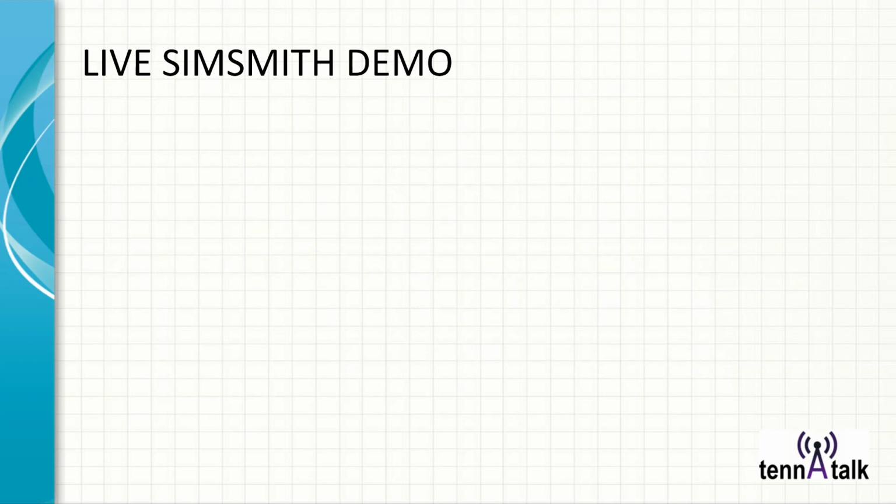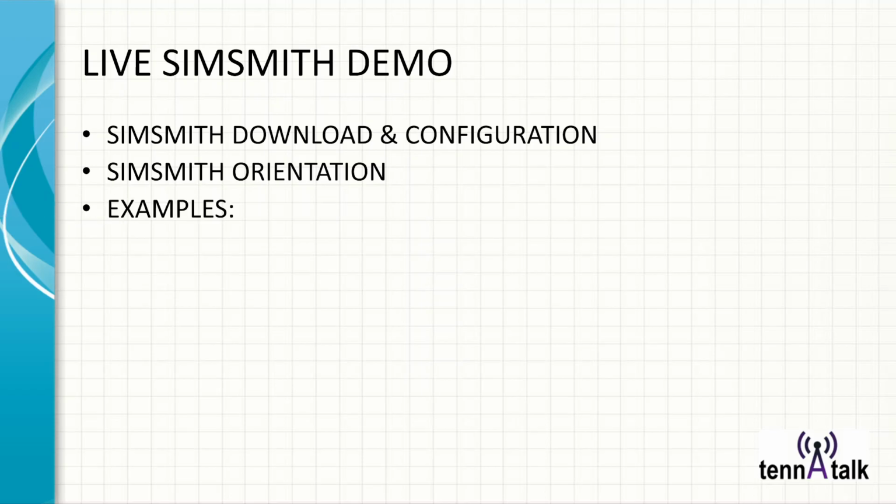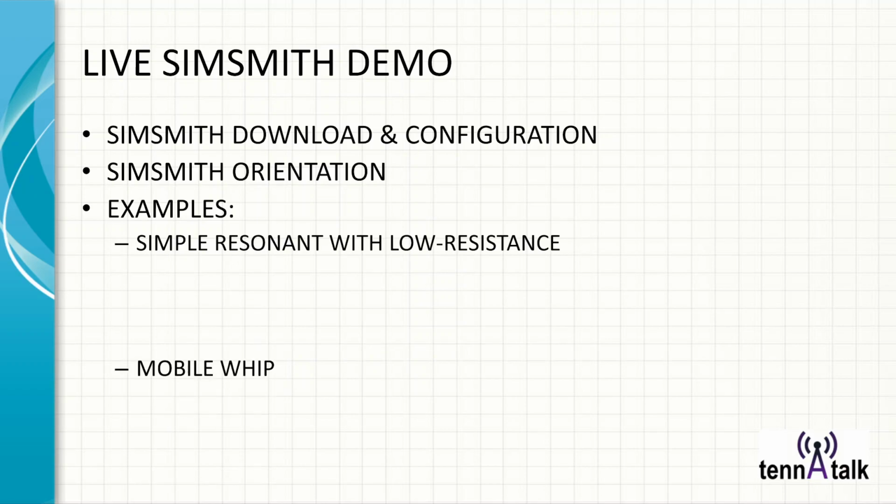So, in the live SimSmith demo, we're going to teach you how to download and configure it to begin with, get you going, give you a quick orientation, and then we'll do some examples with simple fixed impedance resonance with low resistance.